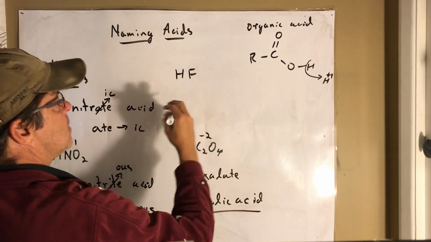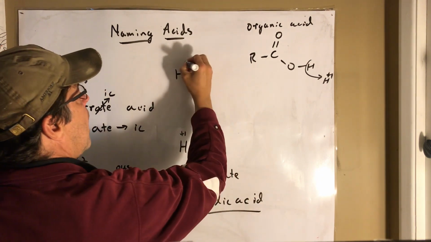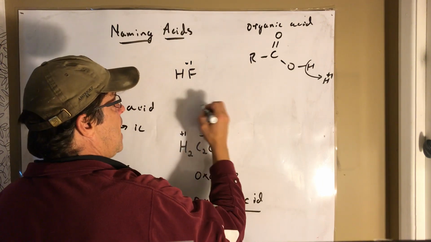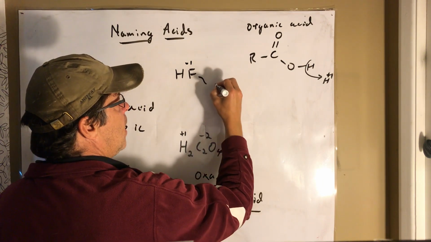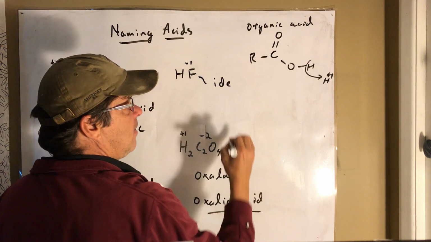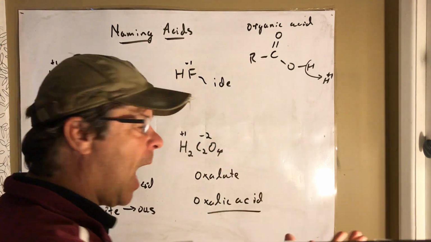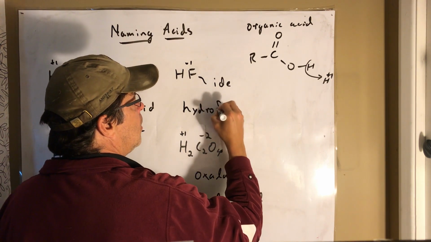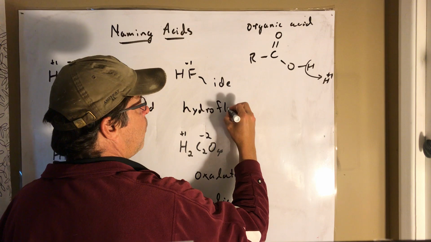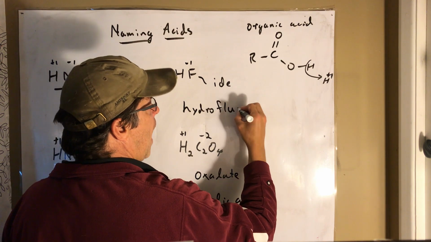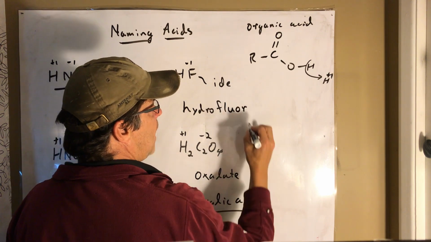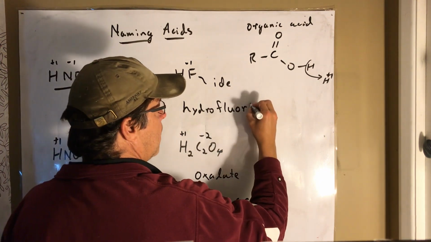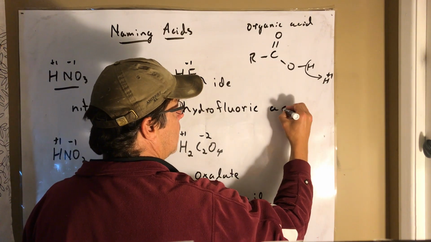Recognize that. Now, how about this? This ion is fluoride. In this case, we have a monoatomic ion that ends in IDE. We want to say hydro. Instead of saying fluoride, we get rid of the IDE and we say ic and then say acid.